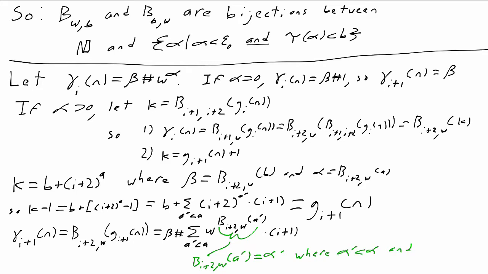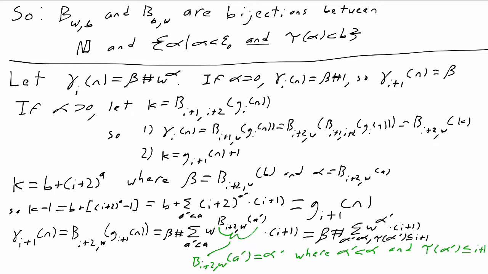And tau of b_{i+2}^ω(a') must be at most i+1, because a' was in hereditary base i+2. And we're adding up all the numbers less than a, and b_{i+2}^ω is the inverse of b_ω^{i+2}, so we must get every ordinal α' less than α with tau of α' at most i+1. So γ_{i+1}(n) is β plus the sum over all α' less than α, such that tau of α' is less than or equal to i+1, of ω to the α' times (i+1).